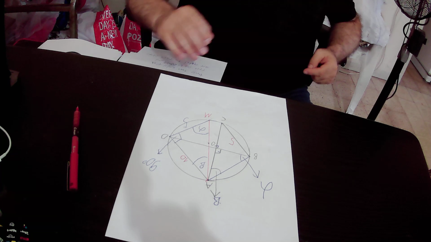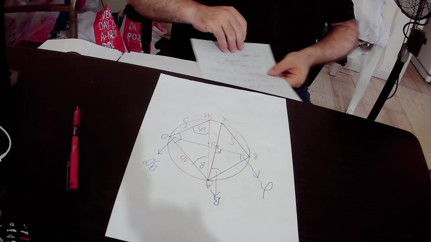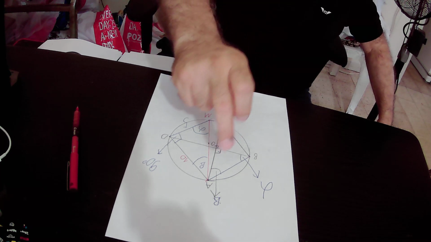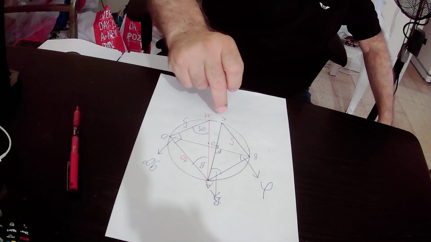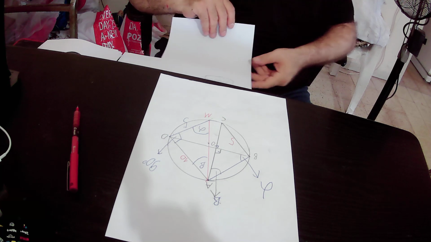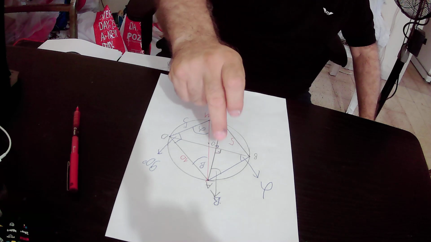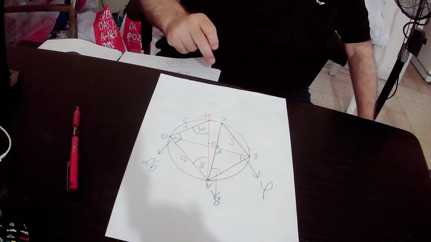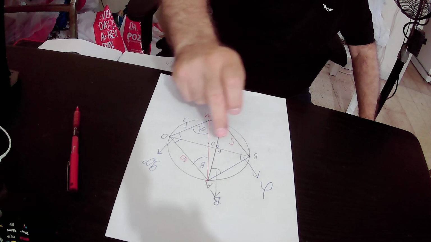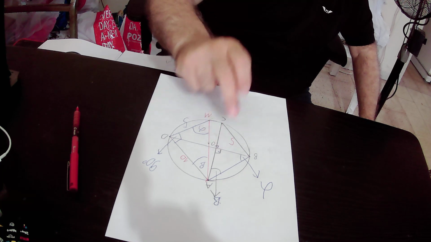Okay, so angle ABD is alpha, and then we define angle BAC as angle X. So in the right triangle ABL we have angle X, angle alpha, and 90 degrees.